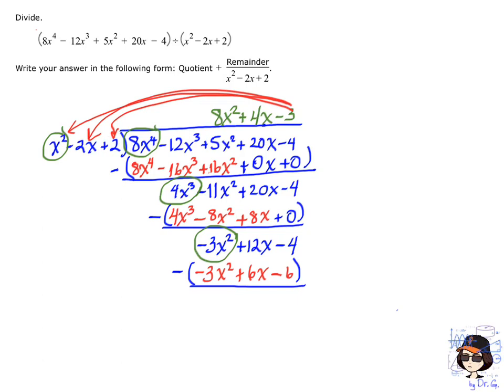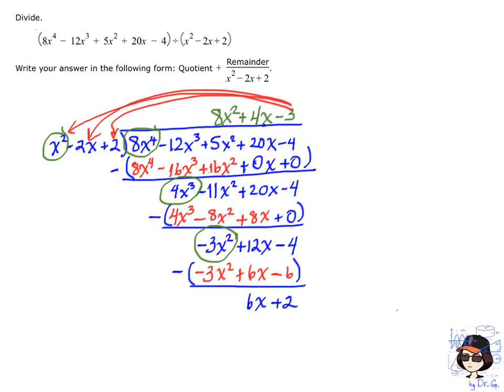Negative 3x squared minus negative 3x squared is nothing. Positive 12x minus 6x is positive 6x. And then negative 4 minus negative 6 is negative 4 plus 6, which is positive 2.